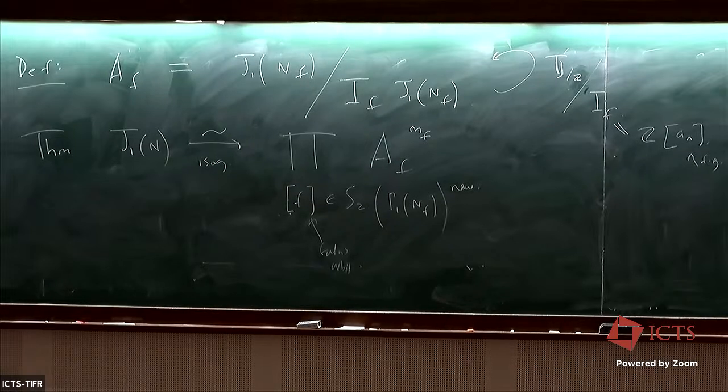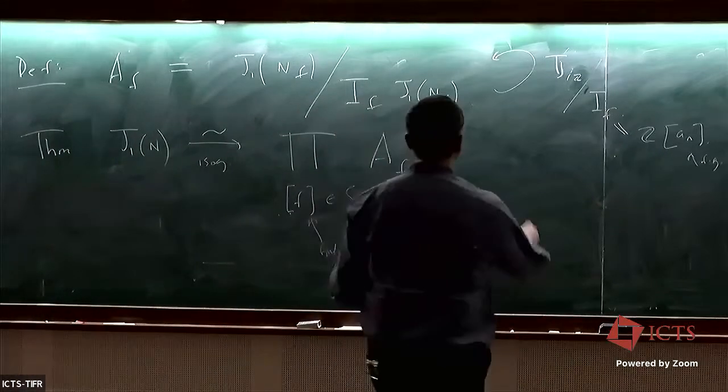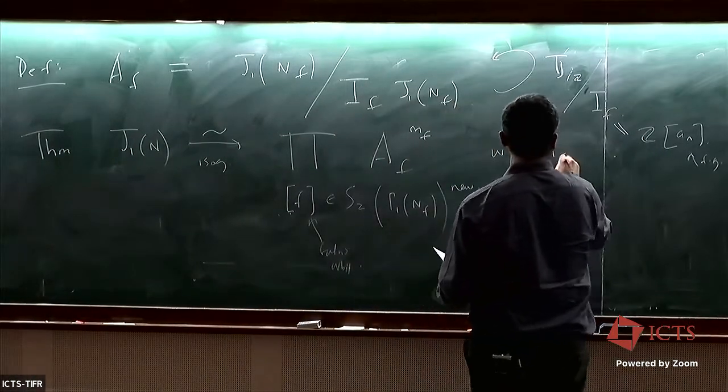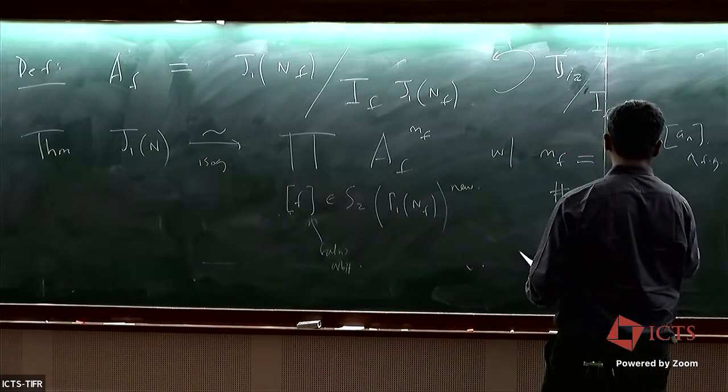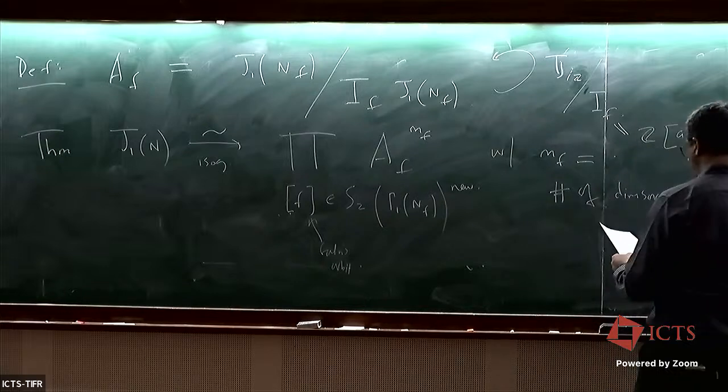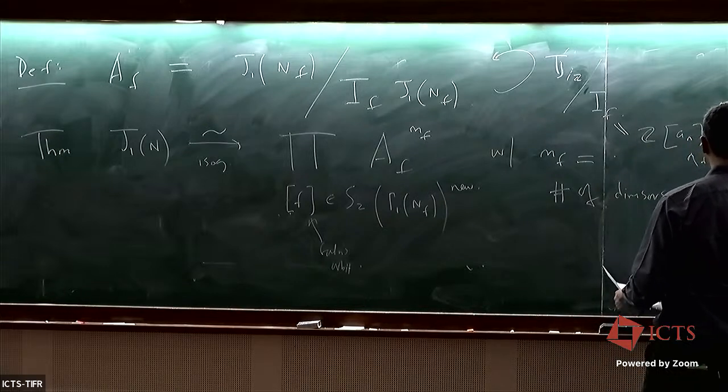You look at the abelian variety A_F. You take some multiplicity, where M_F is equal to the number of divisors of N over N_F.